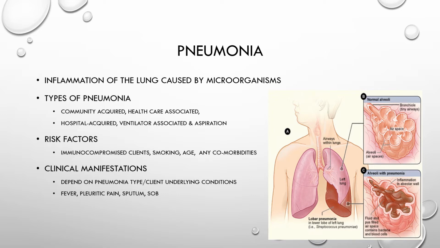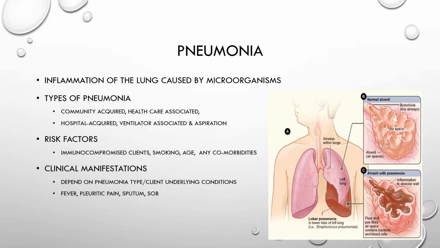An aspiration pneumonia can occur either in the community or the hospital setting. And this occurs when substances other than bacteria are aspirated into the lungs. So maybe the client had vomited is a very common instance in when we will see aspiration pneumonia.